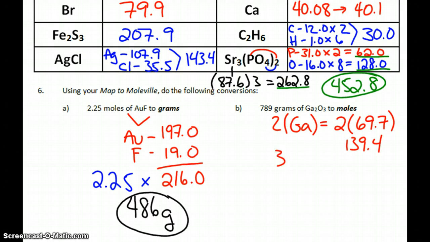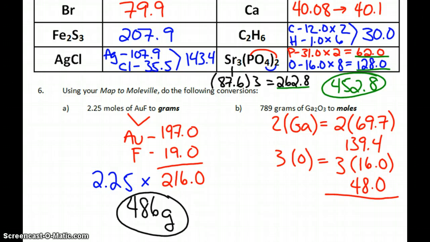And then 3 oxygens. Of course, oxygen again, 16.0. So my 3 oxygens are 48.0. So overall, gallium oxide ends up being 187.4 grams per mole.